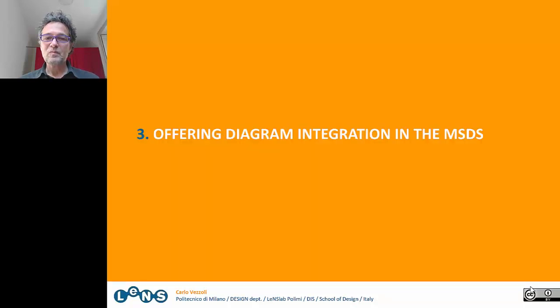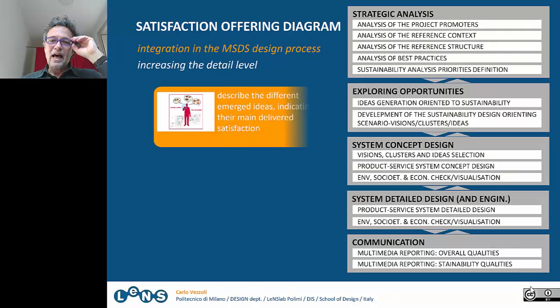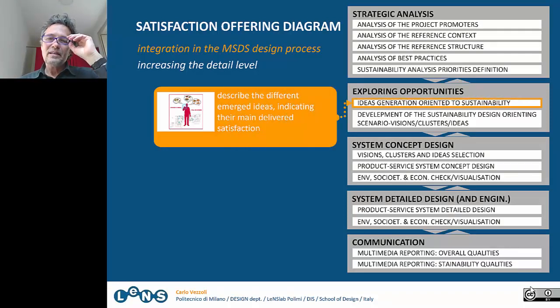Okay, and these may go into further detail even during the course of the project. As for the integration in the MSDS method, we can use this during the idea generation, when we have a set of ideas and have to discuss and select the most interesting one.